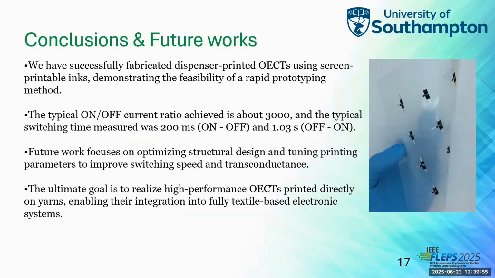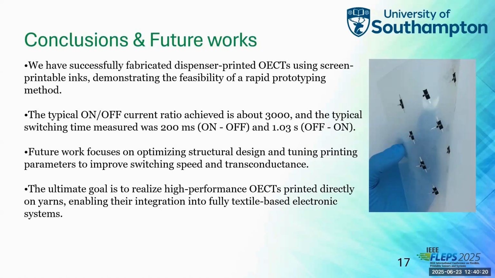This one is an OECT printed on PET film. You can see here it's flexible. So to sum up, we have successfully made OECTs using a dispenser printer. So this is a rapid prototyping method. The typical on-off current ratio can be up to 3000.